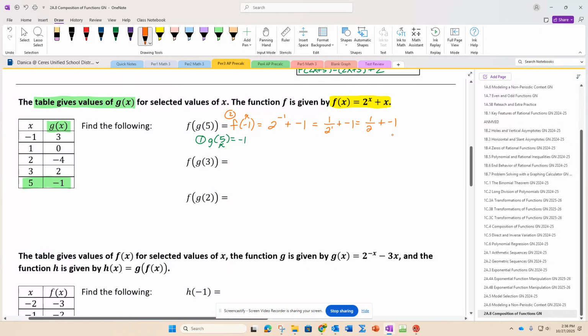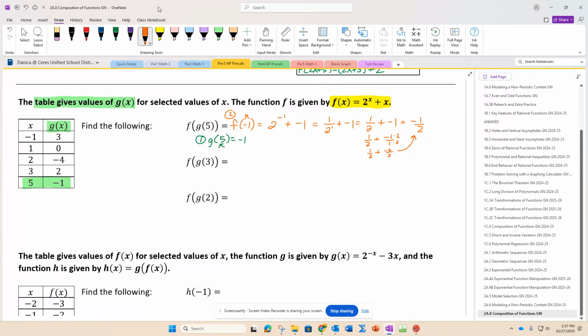There are a couple of ways you could go about it. Some of you can probably do that intuitively in your head: if I have a negative 1 and I add 1/2 to it, that's going to be negative 1/2. But you can also do it with a common denominator, which would be 2. This would be negative 1 over 1, multiply top and bottom by 2, and that gives us 1/2 plus negative 2 over 2, which gives us negative 1 over 2. So whatever works for you, because these would be no calculator problems in, I would expect, all situations.